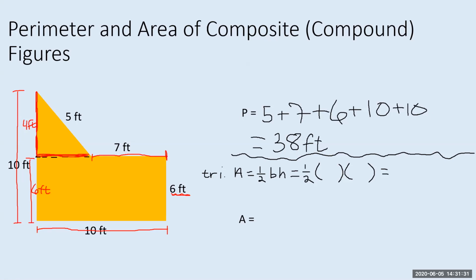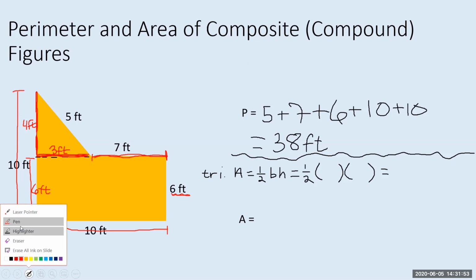Well, if the total is 10 and we know that this portion is 7, the remaining part has to be 3 feet. So 10 feet, take away 7 feet will give us 3 feet. So for this triangle, the base measures 3 feet.